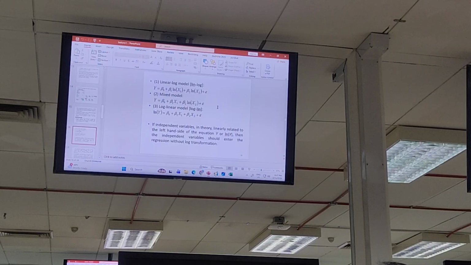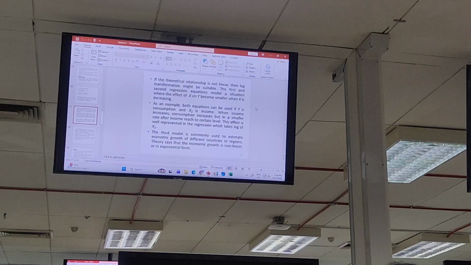So if an independent variable is in theory linearly related to the left hand side of the equation, y or log y, then the independent variable should enter the relation without log transformation, just like this one. If the theoretical relationship is not linear, then log transformation might be suitable.